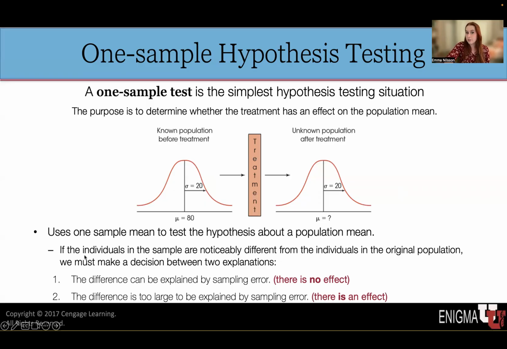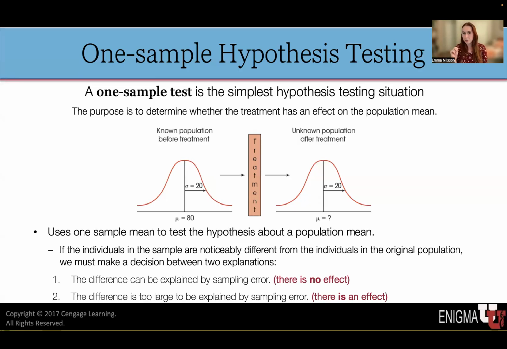This key here is very important. We're going to use one sample mean that we actually do the treatment on to test the hypothesis about the population mean. If we notice that the individuals in our sample are noticeably different from the individuals in our original population, then we need to decide between 2 explanations for what that difference could be.